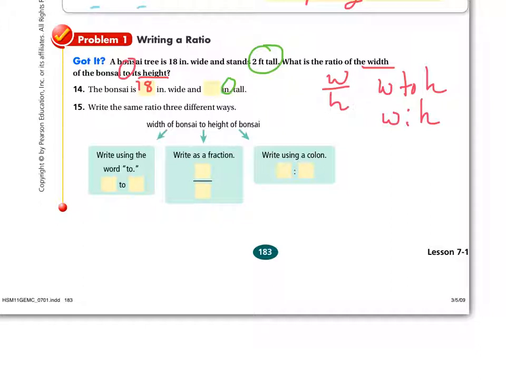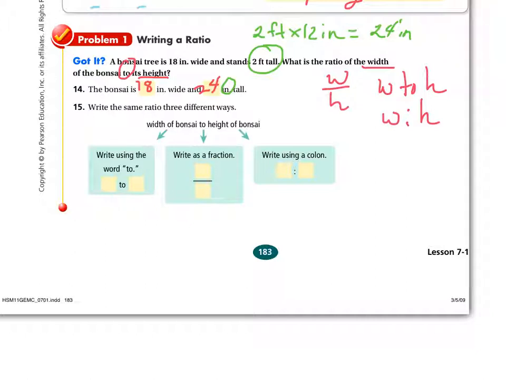So how are we going to convert 2 feet to inches? How many inches in 1 foot? 12. So that means that I've got 2 feet times 12 inches. What does that equal? 24 inches. So that's where our 24 is going to come from. So we've got 24 inches.